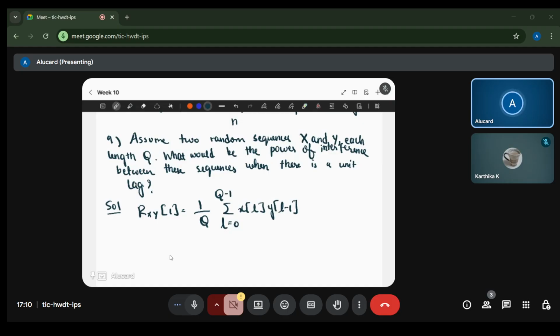Use that and try to find the power of interference between these two sequences.